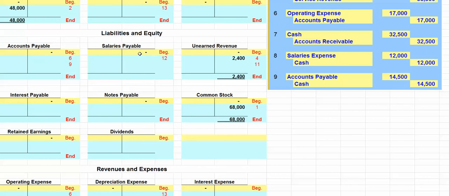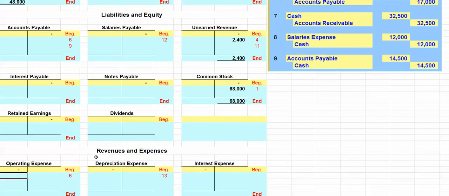Transaction 6 was an increase to operating expenses in the amount of $17,000, and it was a credit to accounts payable.